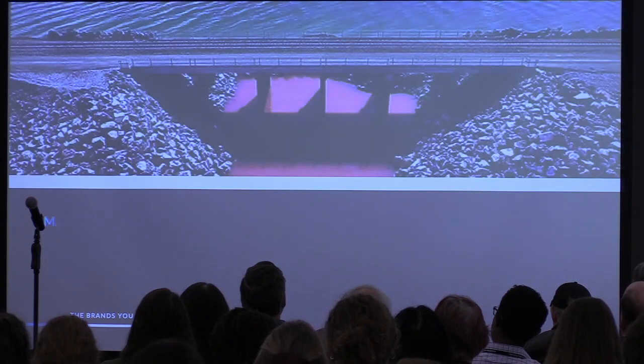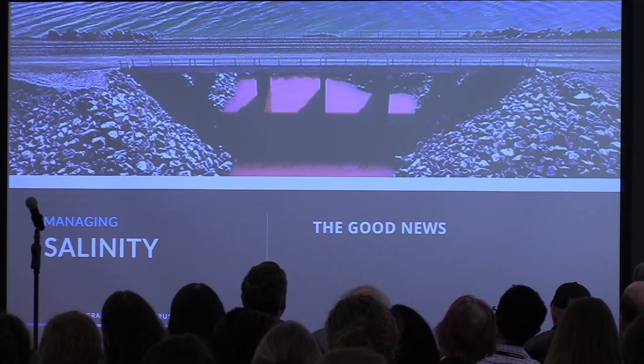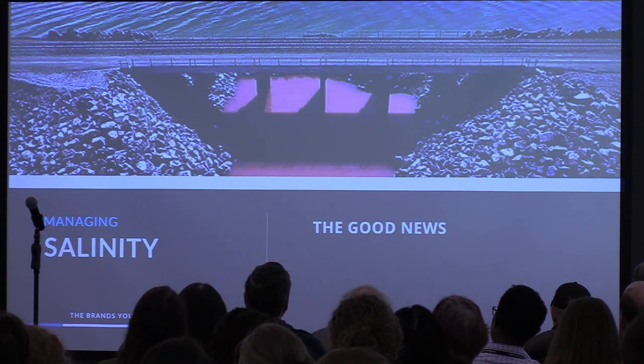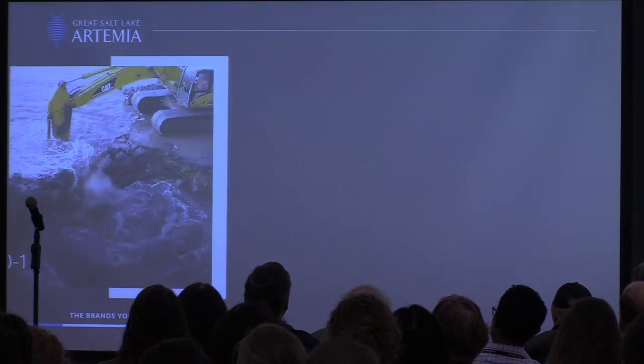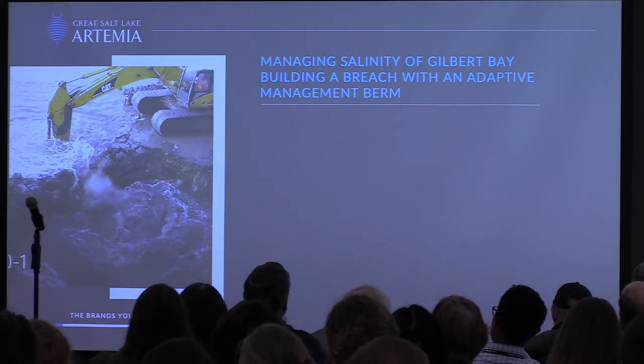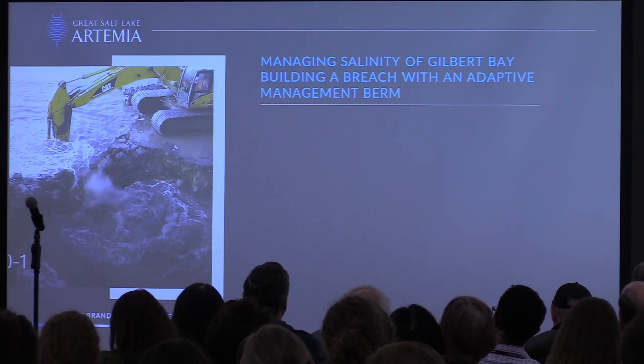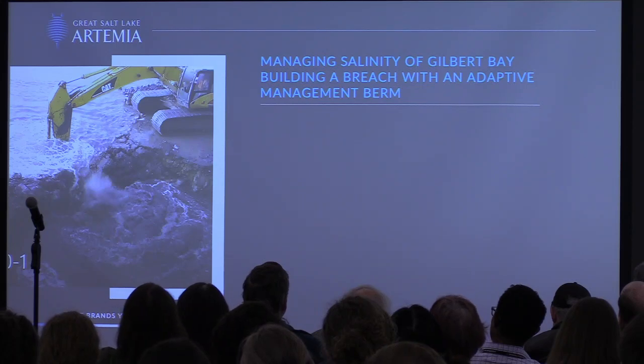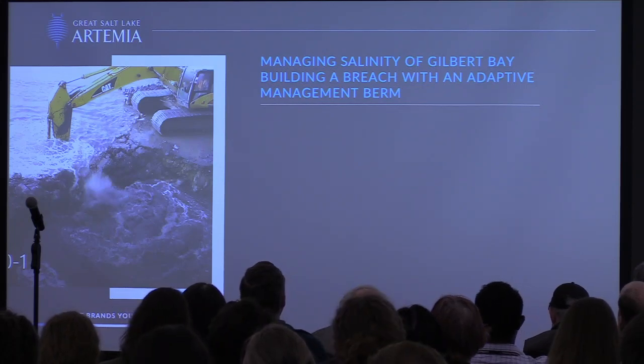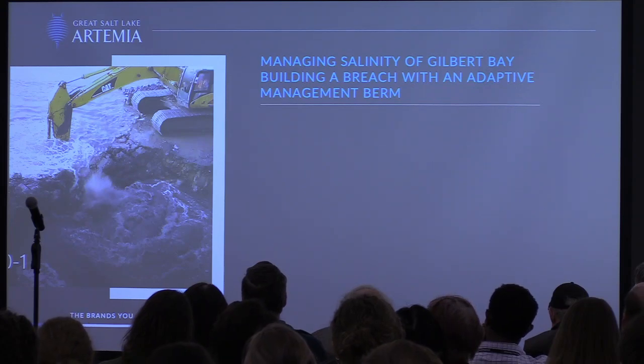Here is some good news, and that good news is, believe it or not, the adaptive management berm. So, the adaptive management berm was put in place in 2017. We know that leading up to 2017, we lost the connectivity between the north and the south arm as a result of the culverts failing.